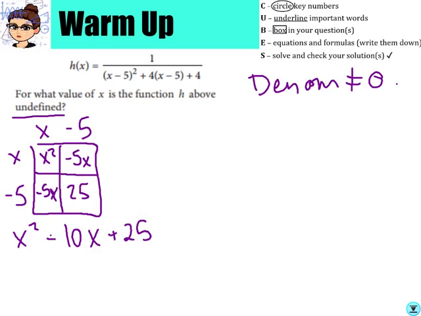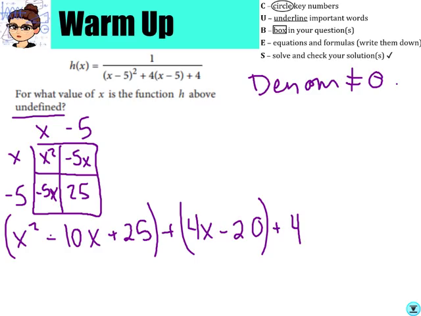And then we can distribute. So plus 4x minus 20 plus that 4 on the end. So this was that quantity squared. This was that distribution, and then the plus 4.